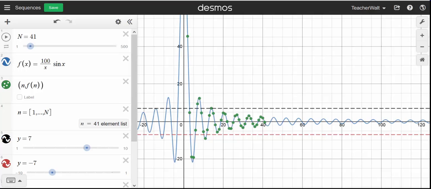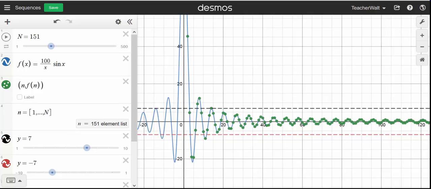The point is, if we limit the domain to just the positive integers, every value is still on that curve. You can see all those green dots there. They're part of the graph. I'm just taking off everything that's not a positive integer. The sequence is going to be on this graph.